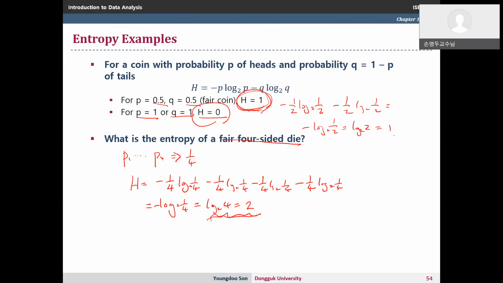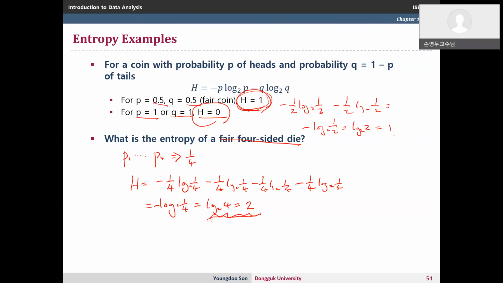However, the fair four-sided die has the values 1, 2, 3, and 4. So because it has four possible outcomes, the result of the four-sided die gives more information than the result of a coin toss, which only has two possible outcomes.